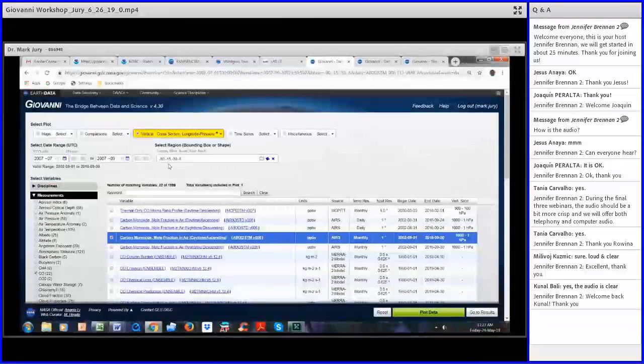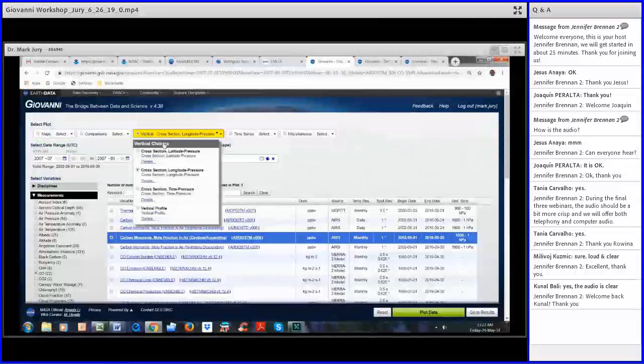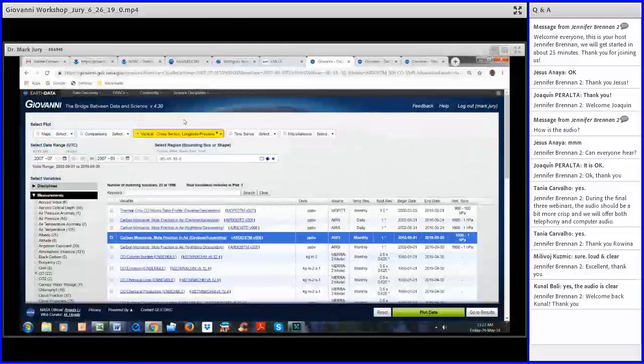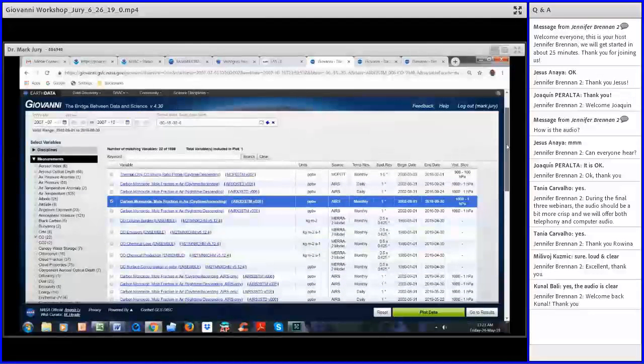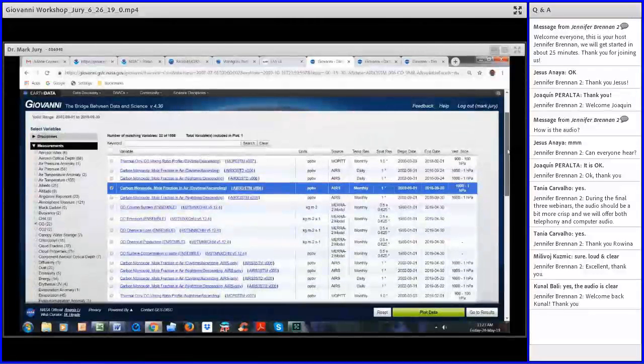So we're going from 90 to 30 west, and we're slicing and averaging over 15 to 6, and we're doing a vertical cross-section of longitude versus pressure. Just to change this a little bit, I can go and also include October for that year. So we have then 4 months, July, August, September, October. And we've identified that that is the particular one we want to use.